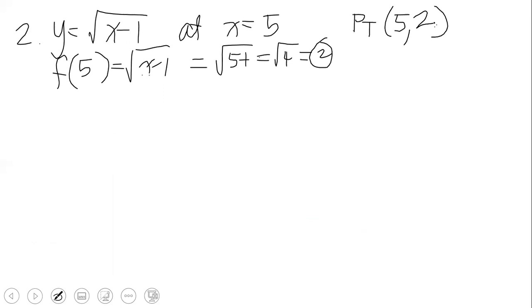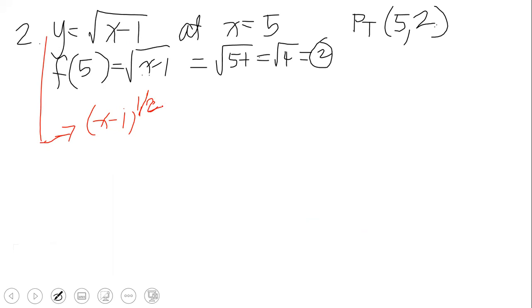So let's proceed with the differentiation process. Last time we also discussed the differentiation process for this function. We can also rewrite square root of x minus 1 as x minus 1 to the power of 1/2.